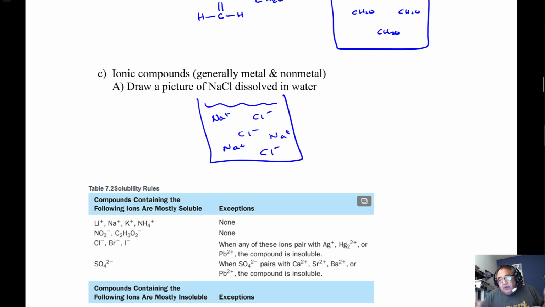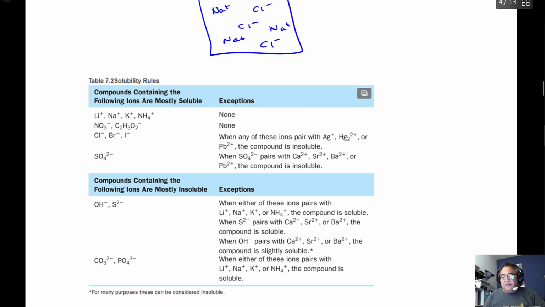When you put electrodes in there to run electricity, the positive ions go to the negative electrode, and the negative ions go to the positive electrode. They move towards what they're attracted to. This is what gives us conductivity in solution and causes ionic compounds to be electrolytes when they dissolve.